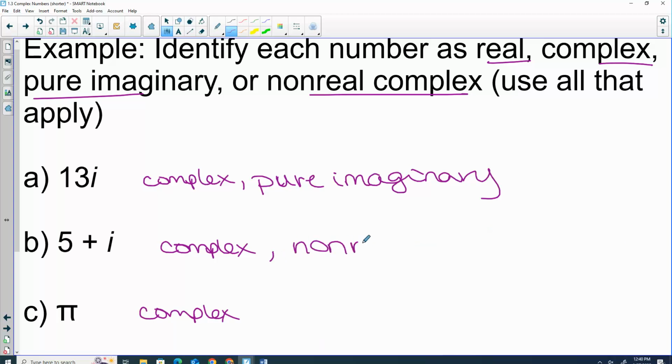It has both parts. And what about pi? Real, because it doesn't have an imaginary part. All right. Any questions about classifying numbers, that terminology?